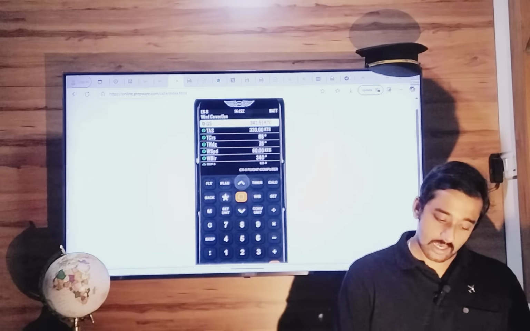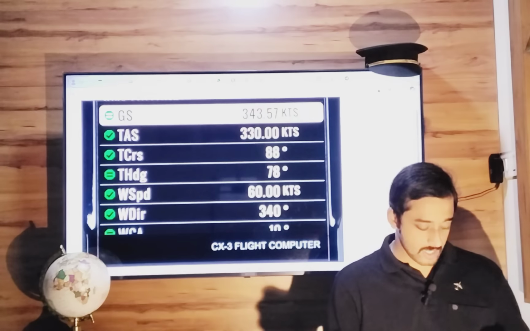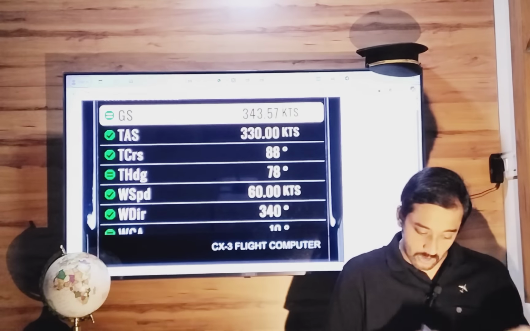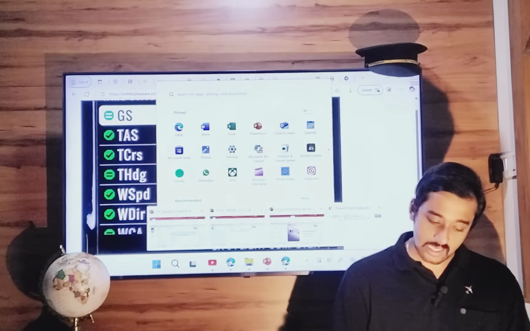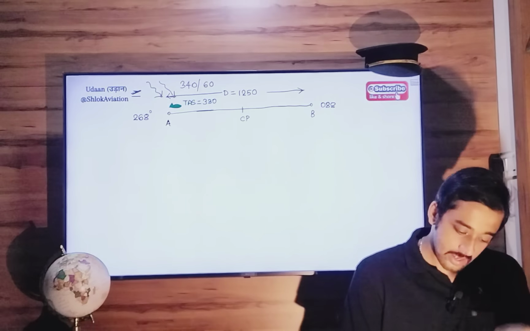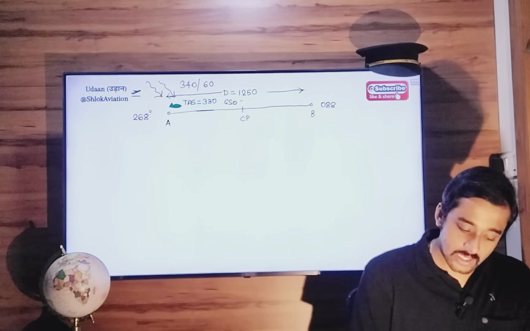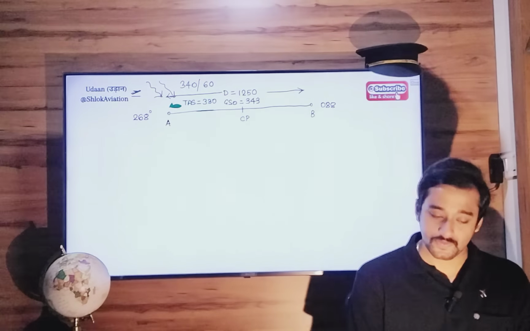So ground speed is 343.57. So I'm writing here outbound ground speed is 343 knots.